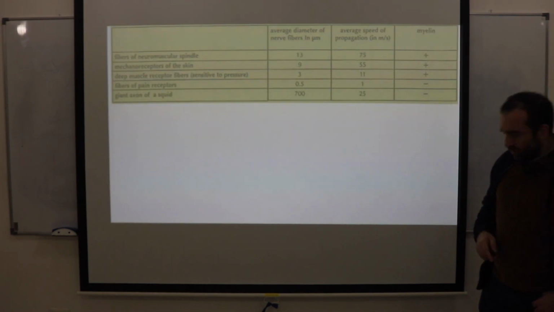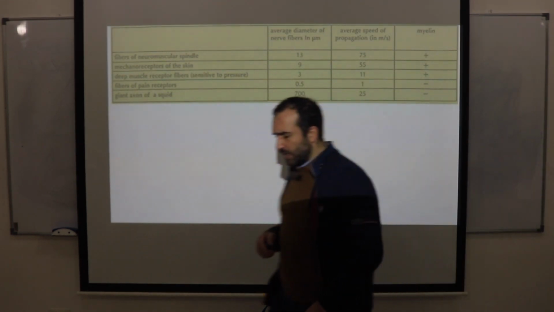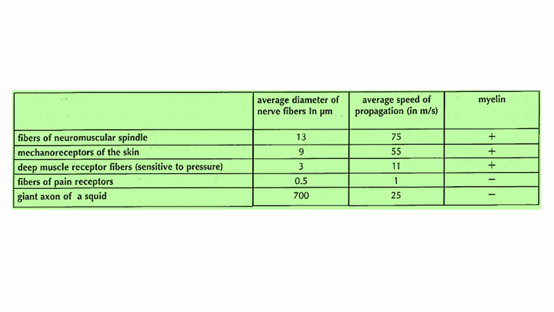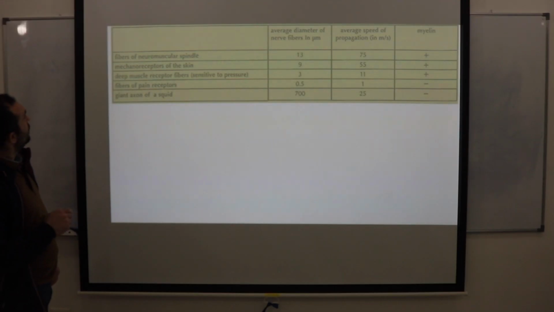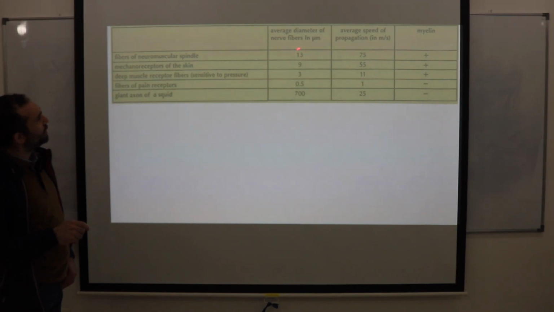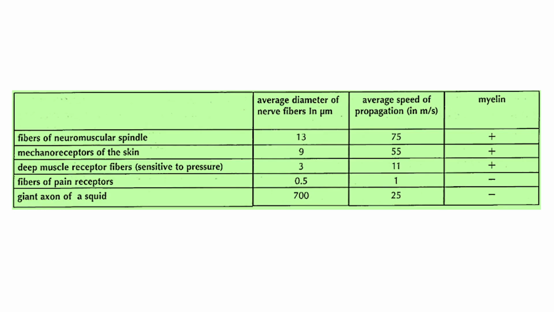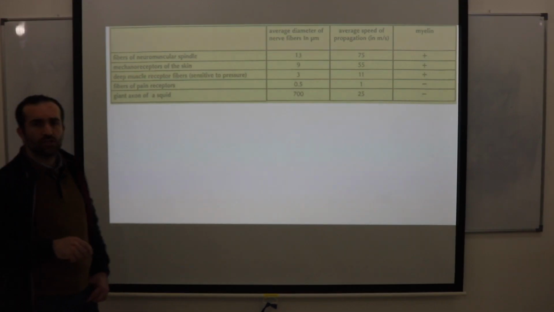For this question, how can I make an interpretation? I will show you the answer in a few seconds. This fiber has high diameter, this fiber has low diameter. If you compare the speed, you will notice that this speed is higher than this one. So the increase of the diameter makes the action potential faster.